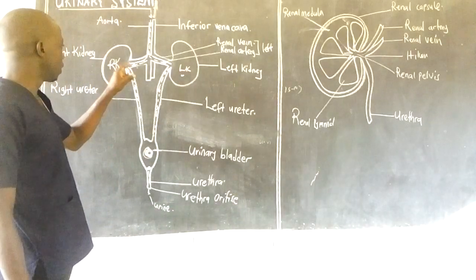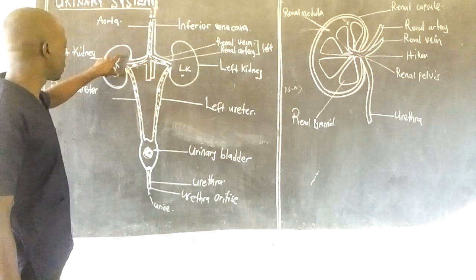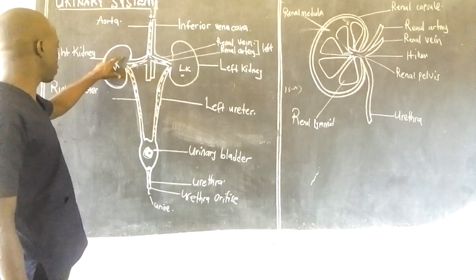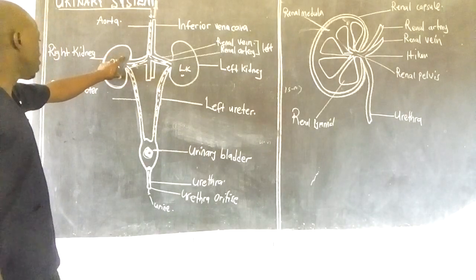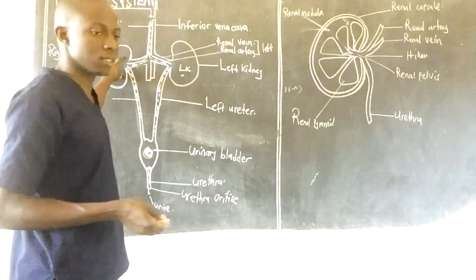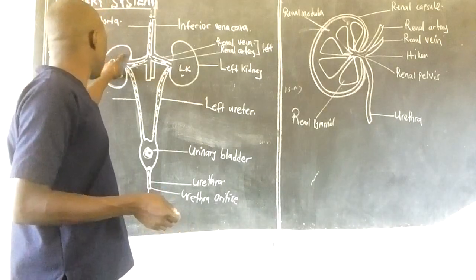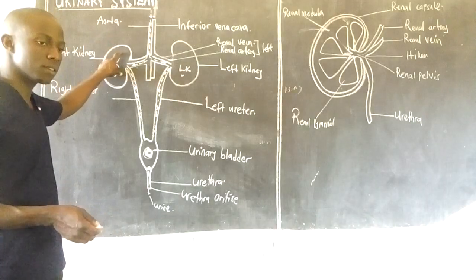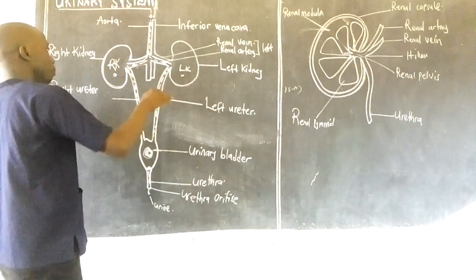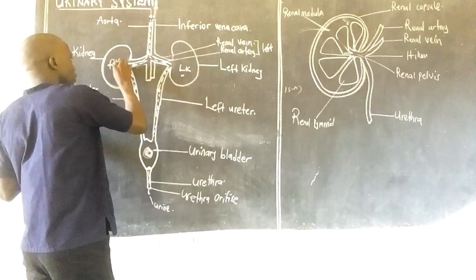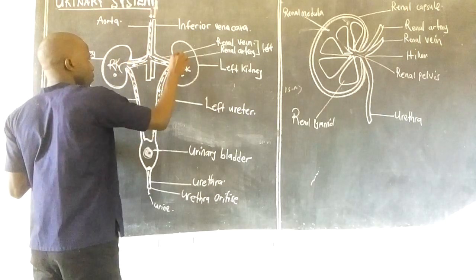Then the components of blood that remain here, that do not need to be excreted, are retained by the kidneys and then taken back for saturation through the renal vein.